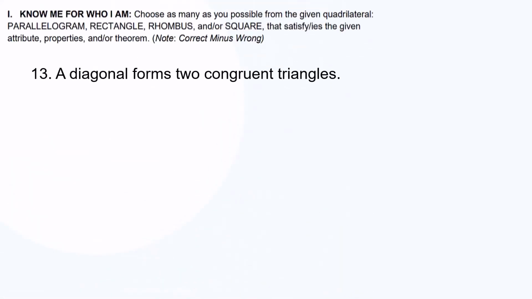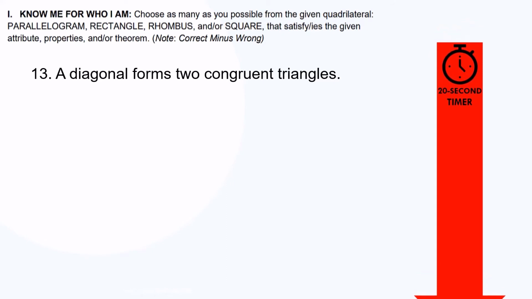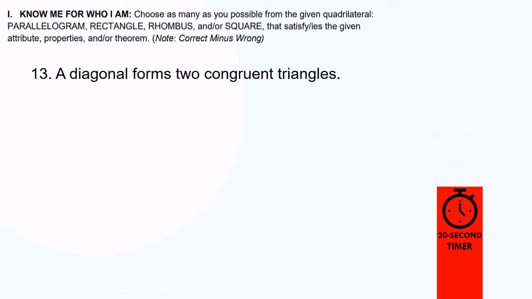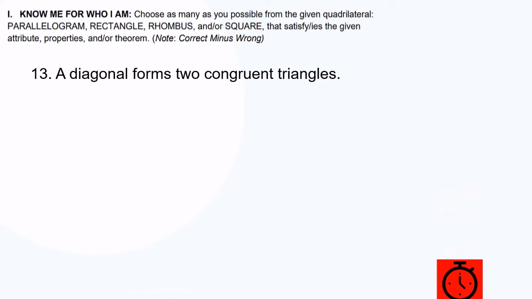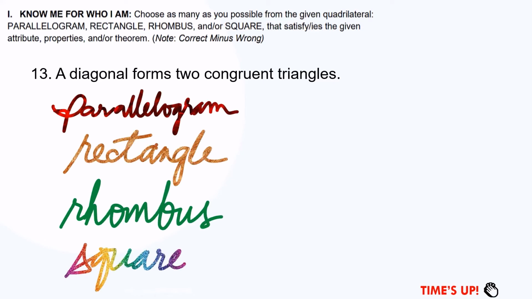Number 13. A diagonal forms two congruent triangles. Your timer starts now. Correct answer, parallelogram, rectangle, rhombus, and square.